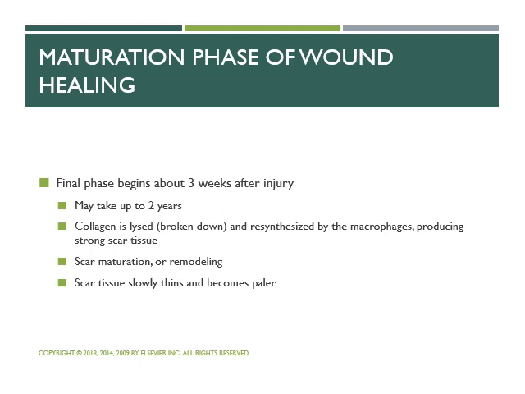Scar maturation or remodeling can occur during this phase. Scar tissue slowly thins and then becomes paler in color. Please refer to the concept map on page 763 in your textbook, concept map 38.1, which is a defined outline of the process of wound healing.